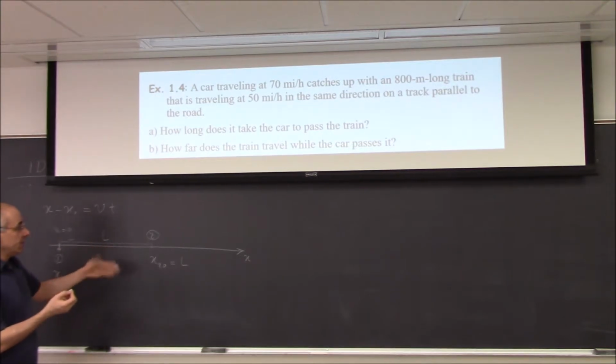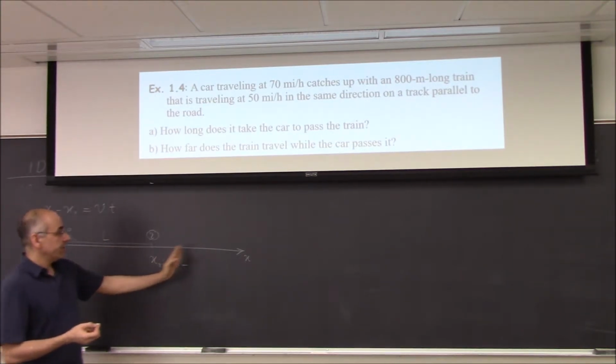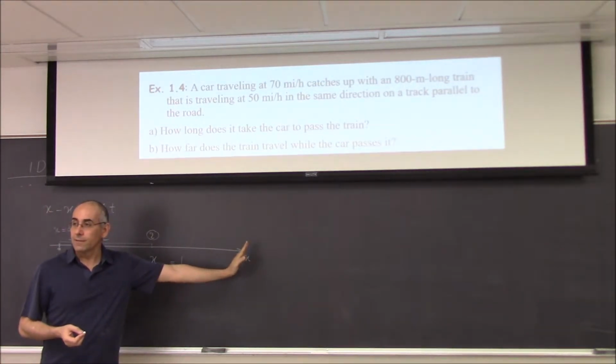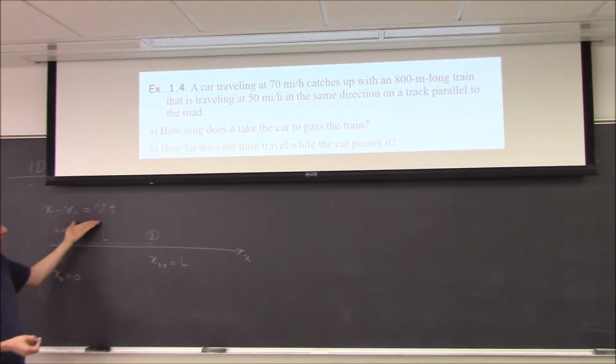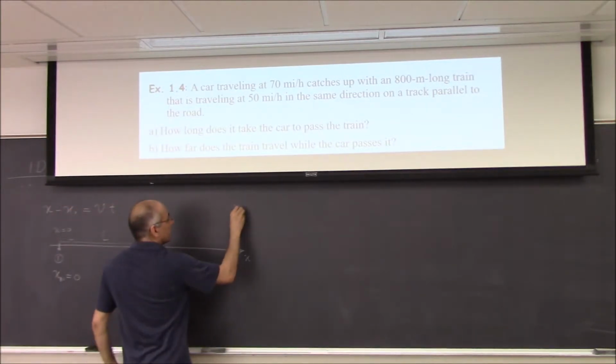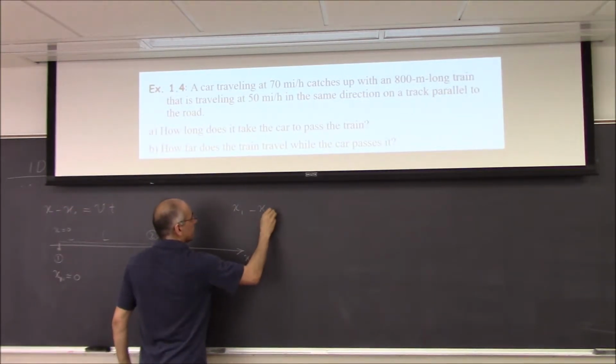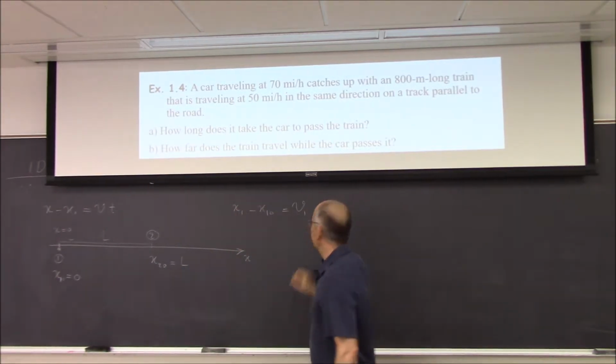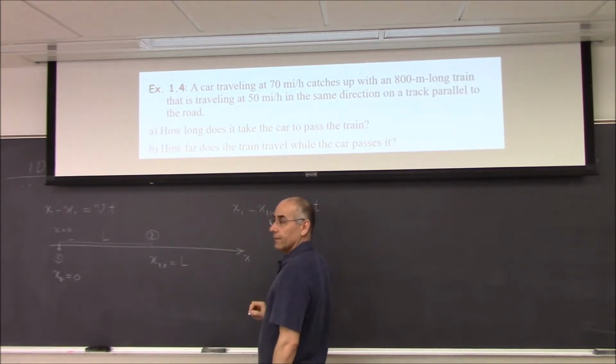After time t, this front of the train goes somewhere, and the front of the car goes to the same place. But we have a formula for each one. We say x1 minus x1 naught equal to v1, the speed of the car, times t. Right?